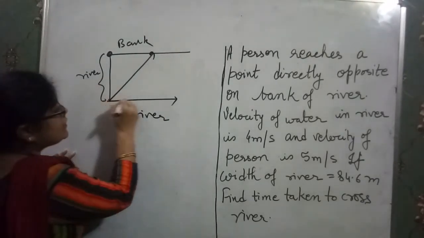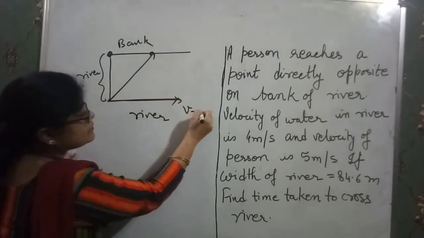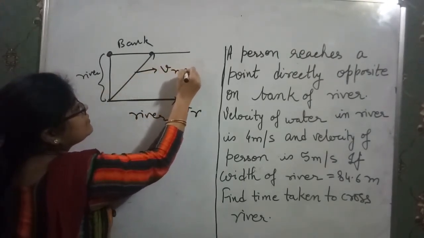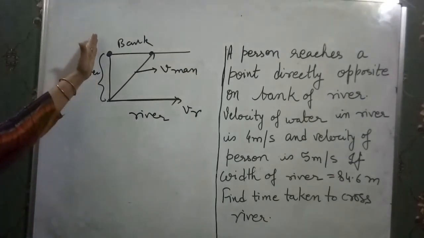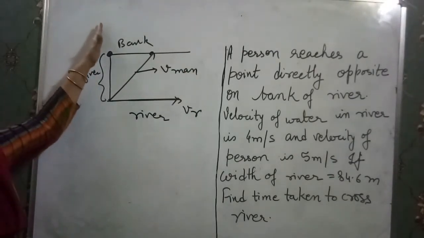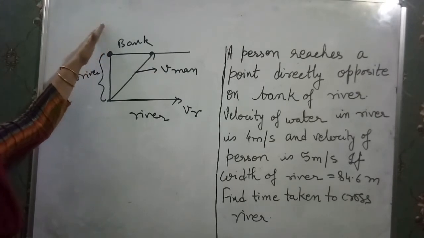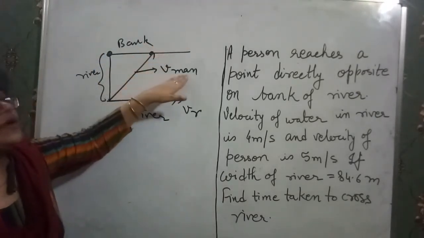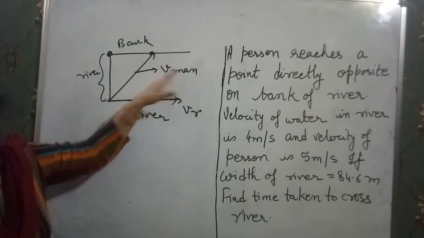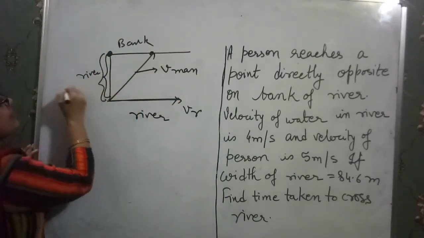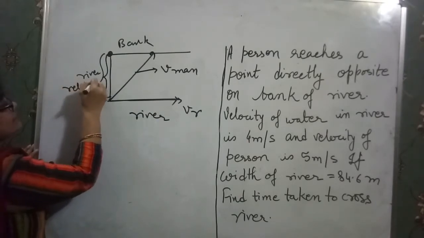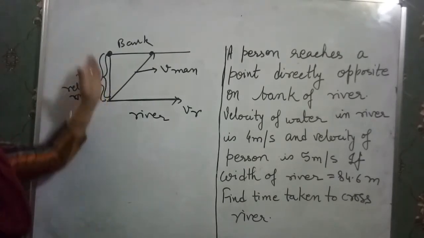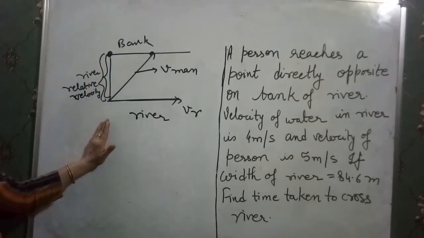So this is the velocity of the river, and this is the velocity of the man. Man wants to go directly opposite to the other bank, but in reality he moves in this way. So this is the velocity of the man, and this is the relative, real velocity, by which he crosses the river.